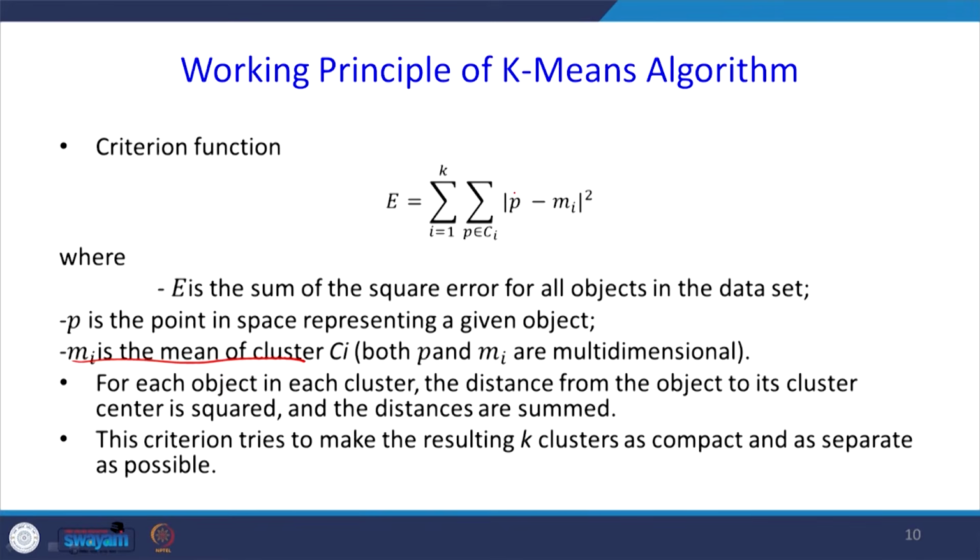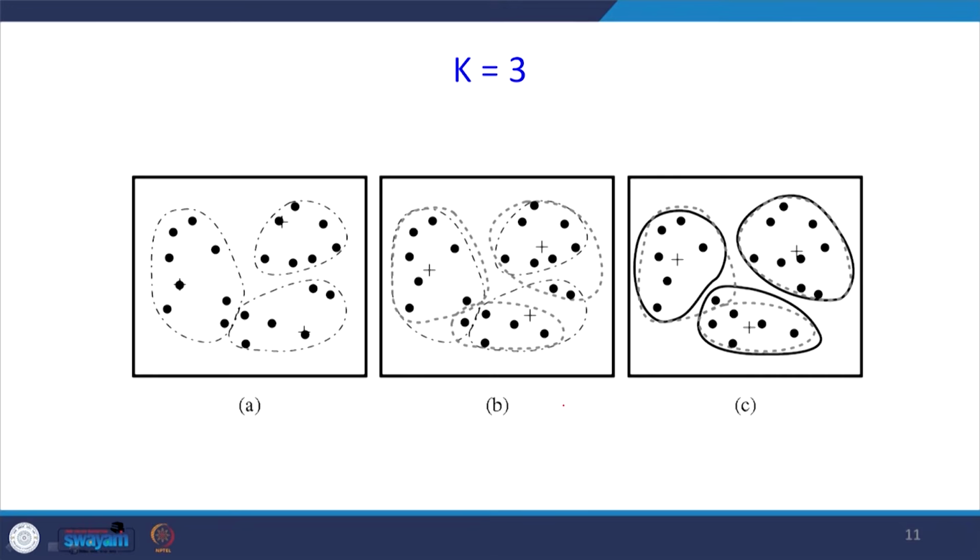For each object in each cluster, the distance from the object to its cluster center is squared and the distances are summed. This criterion tries to make the resulting k clusters as compact and as separate as possible. For example, this is k equal to 3. Suppose there is a data set of n objects; randomly I make 3 clusters. After finding 3 clusters, I find the centroid of each cluster, then from each centroid I look at all other objects and their distance.